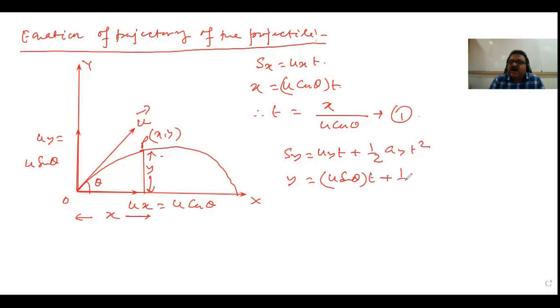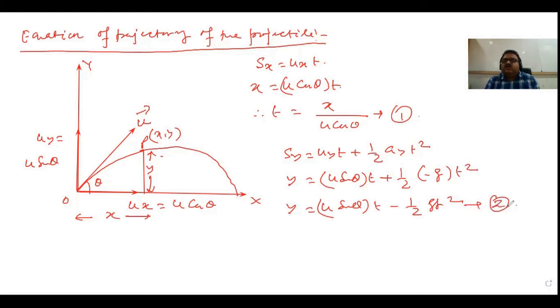Plus half ay should be replaced by minus g into t square. So y equal to u sin theta into t minus half g t square. Clear? Now look, I need to find out the relation between x and y.